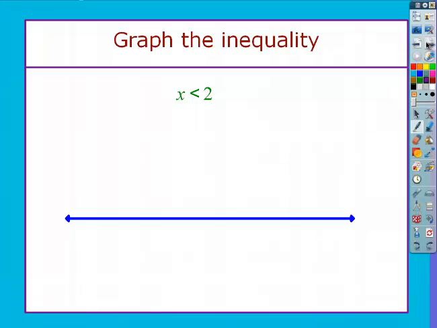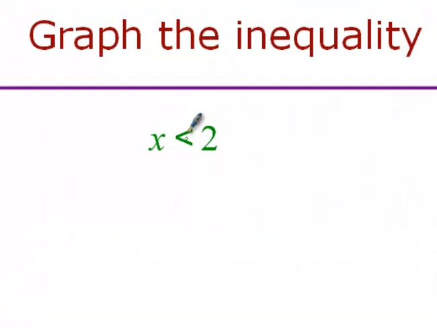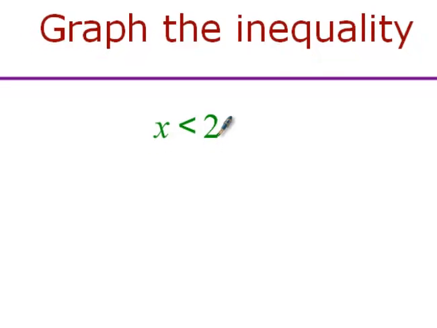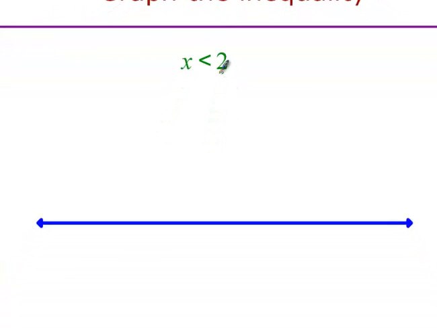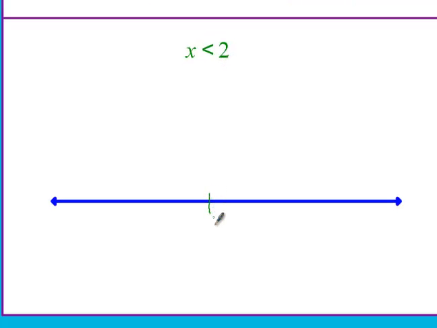So let's take a look at graphing just a regular inequality: x less than 2. Remember, we read it left to right, just like always. We're going to put this value right in the middle of our number line. What numbers go to the right of the middle? Are they bigger or smaller?